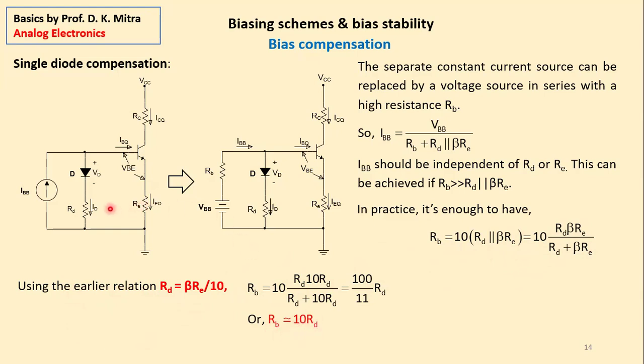So this is the resistance you have connected in series with the diode, right? Now you have to decide what should be this resistance in your design parameters. This equation says if you maintain this resistance RB at 10 times this resistance RD, then your design is successful.